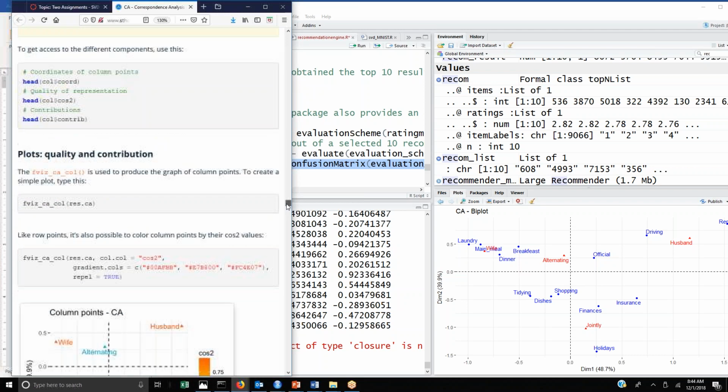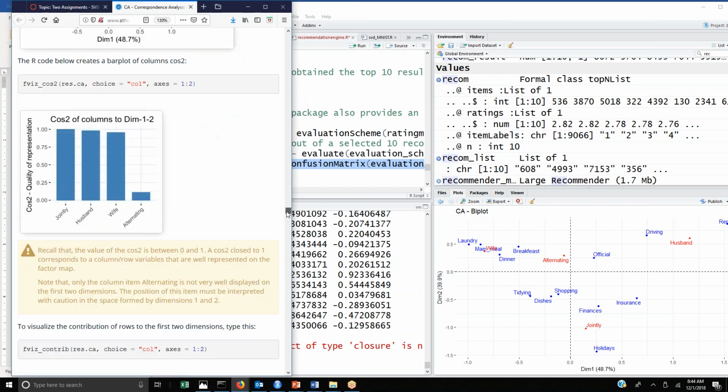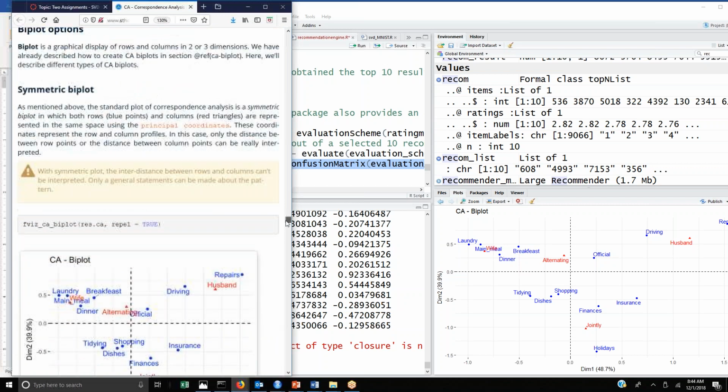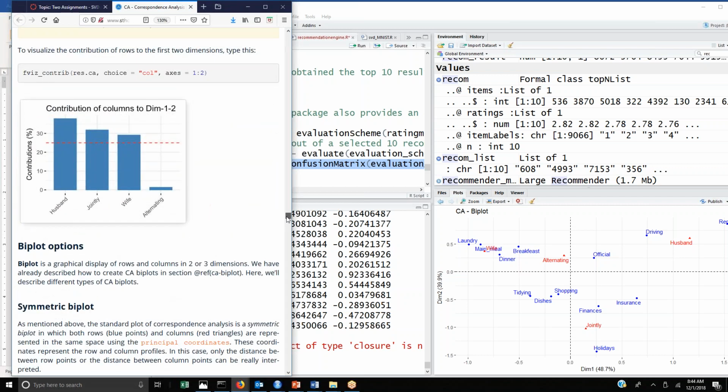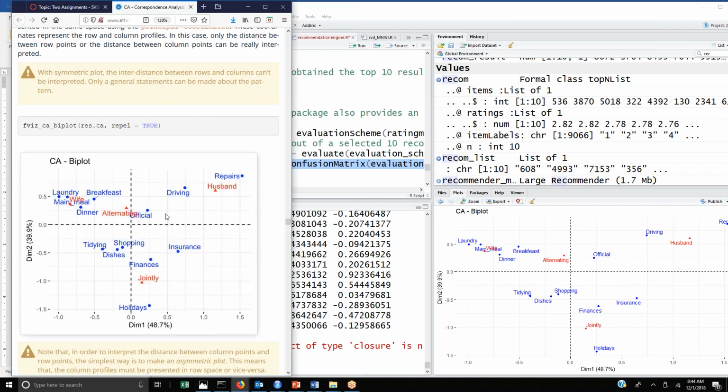I want to go to the column and then come back here. Okay, here it is. The one I did the biplot is this one, where I mixed both the graphics.